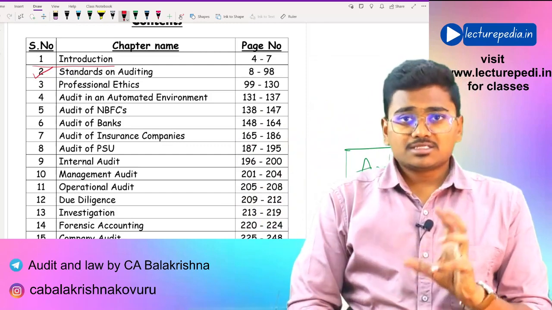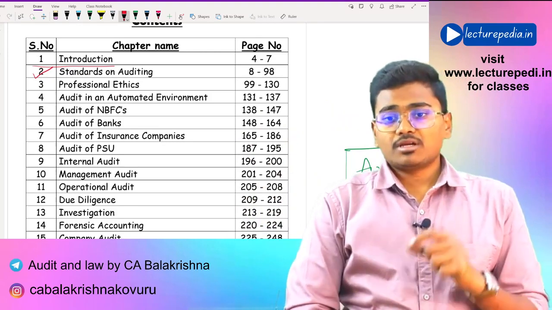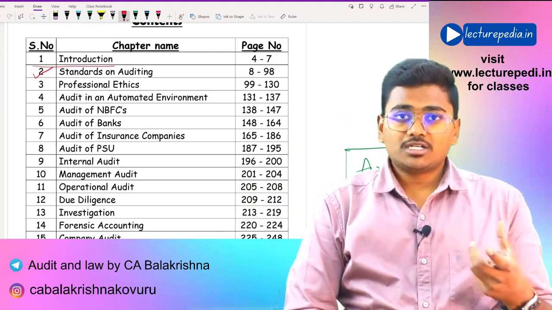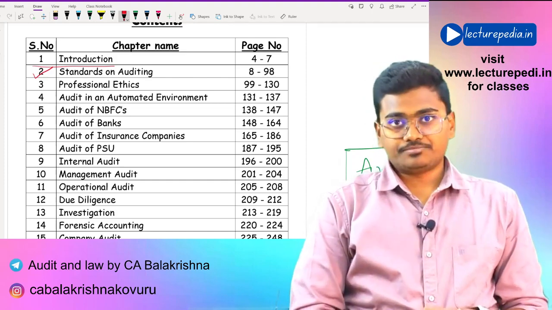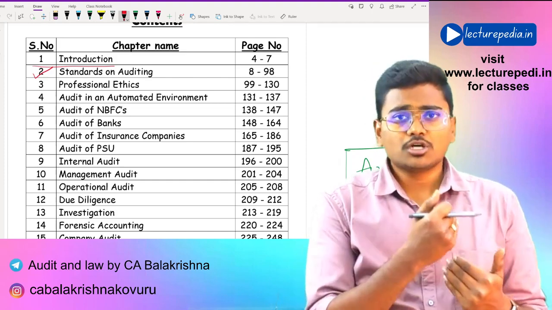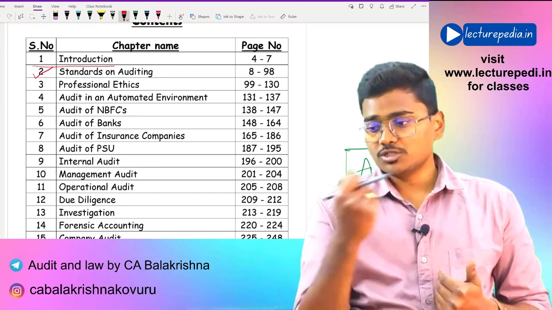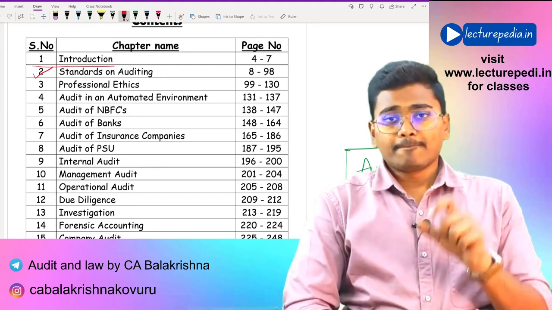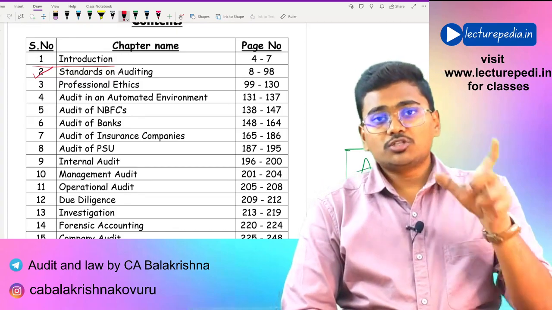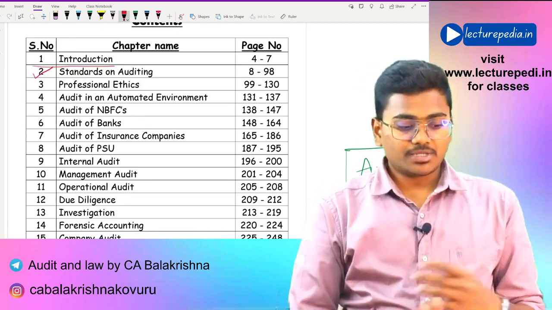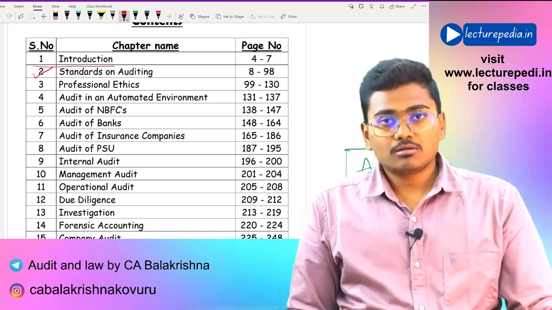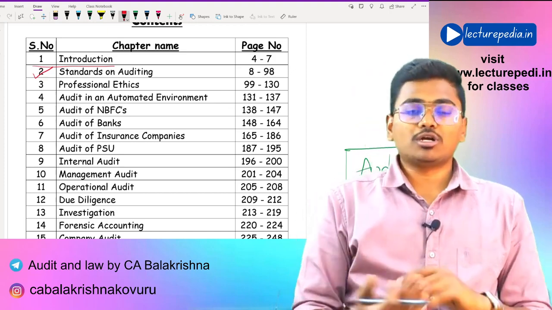So seeing this scenario, ICAI wanted to focus more on the auditing standards, because once you qualify as a chartered accountant and move into practice, auditing standards you need to follow while conducting the audit. But currently there are many non-compliances related to auditing standards.